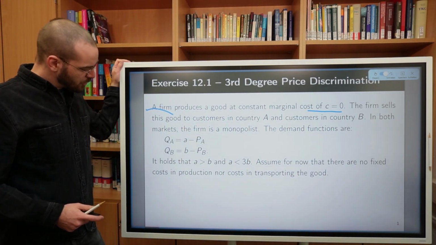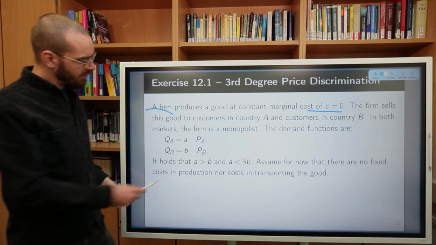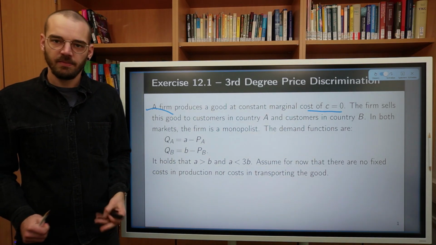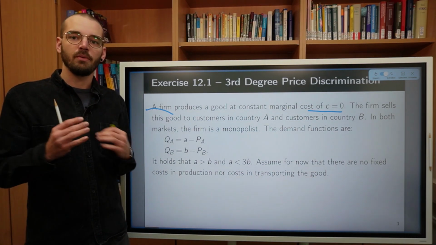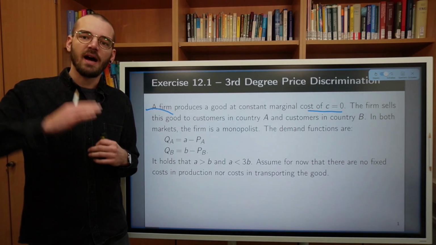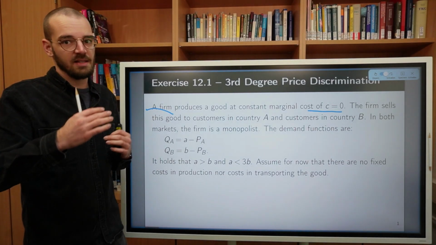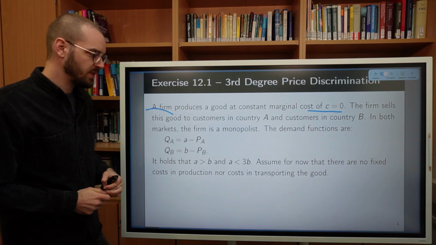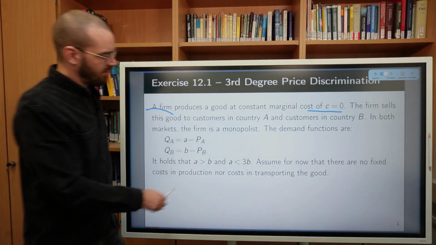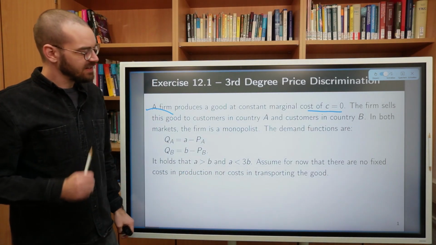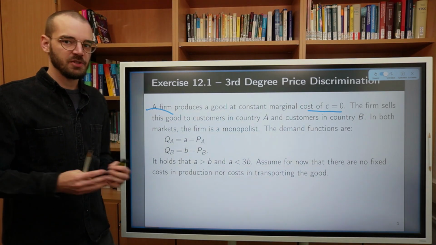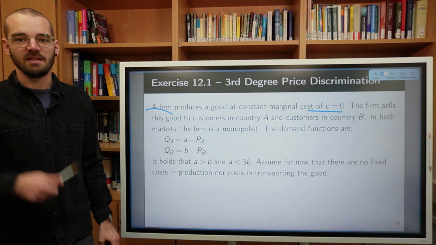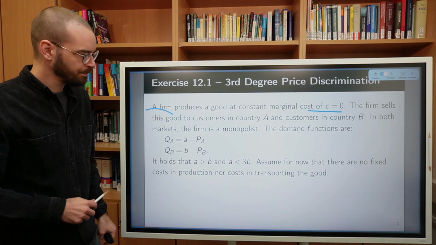With regards to parameters A and B, we know that A is bigger than B, right? So the demand function for market A is shifted upwards or to the right when compared to market B. And we furthermore know that A is less than 3 times B. So A is bigger than B, but less than 3 times bigger than B.